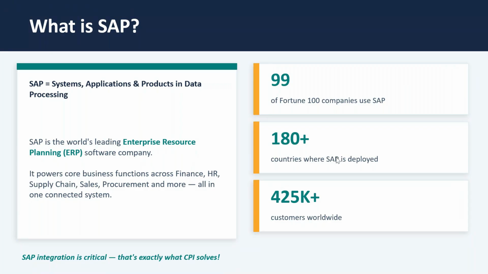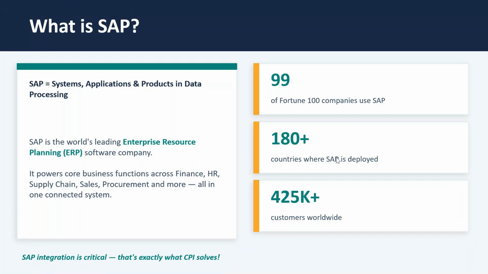They are on par with machine learning modules. They have introduced something called Joule for business AI, so it can automate the workflow. They are coping with all the trends now. It powers core business functions across finance, HR, supply chain, sales, procurement and more, all in one connected system.